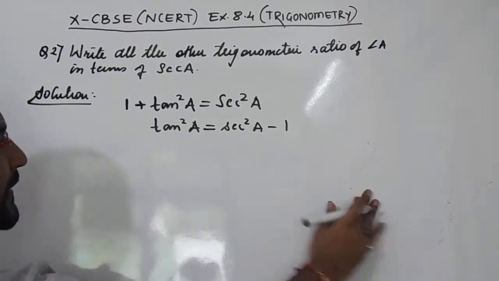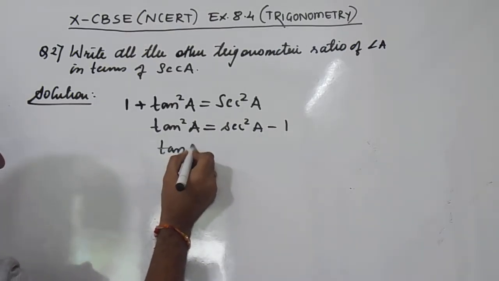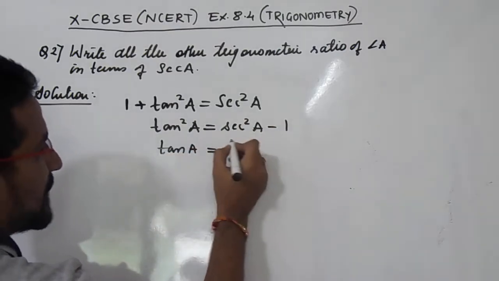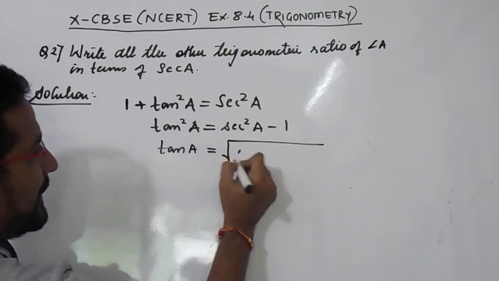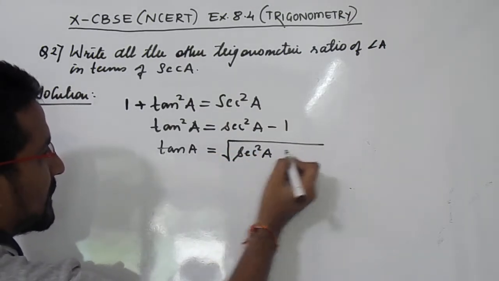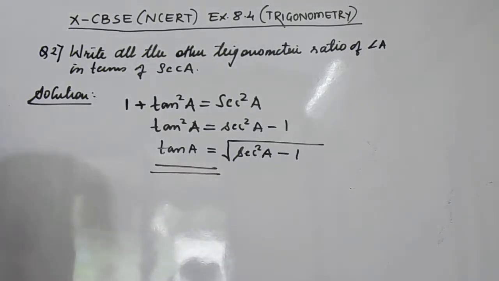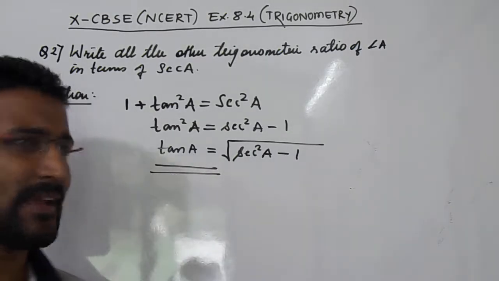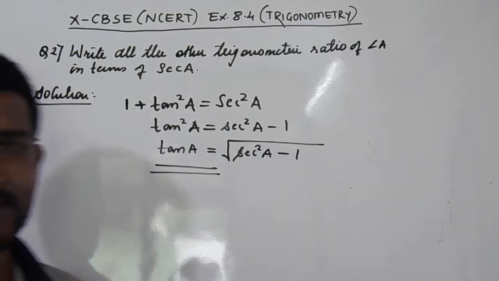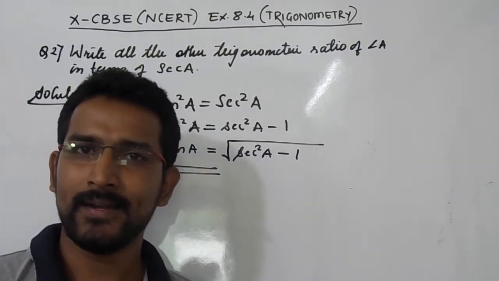Now we'll take the square root, so tan A is equal to, and this is not a perfect square, so it stays in the square root: root of sec square A minus 1. So this is the relation between tan A and sec A. We have already studied this identity, which relates sec and tan.